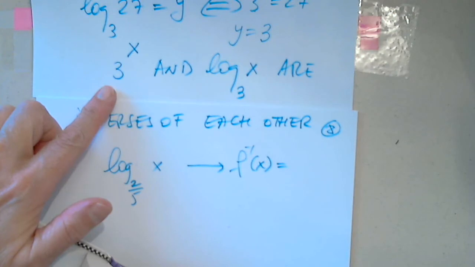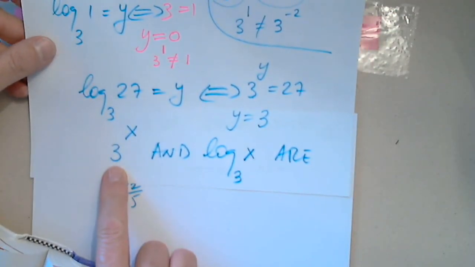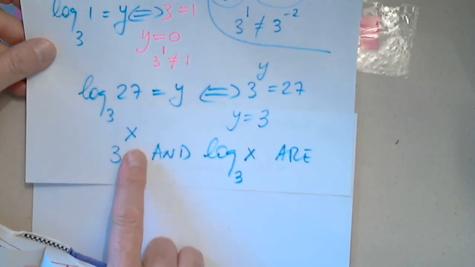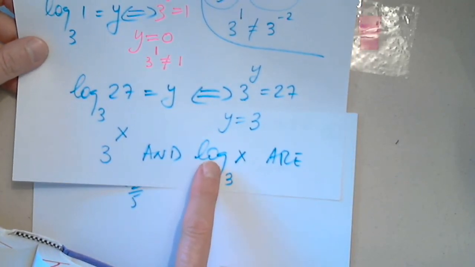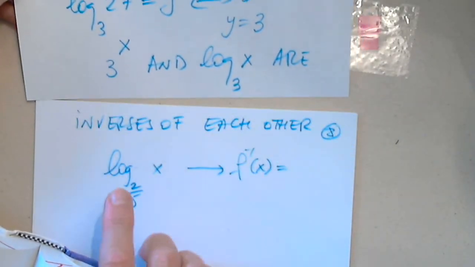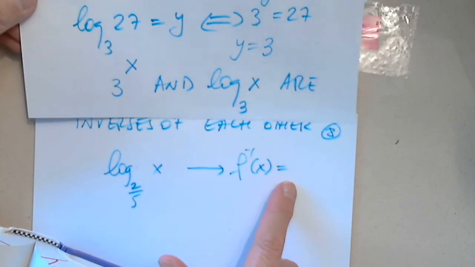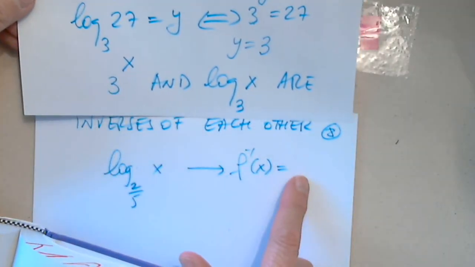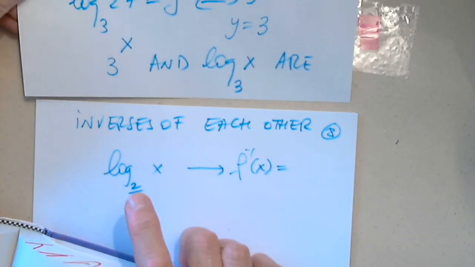What type of function is this? Exponential. Very good. What type of function is this? Log. Very good. What type of function will the inverse of that log be? Exponential. Very good. What is the base?